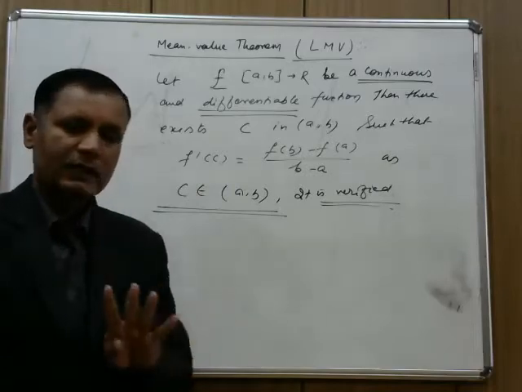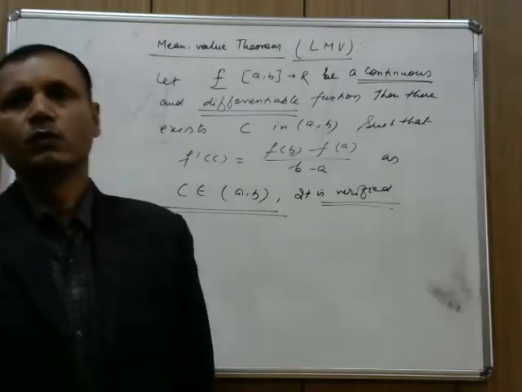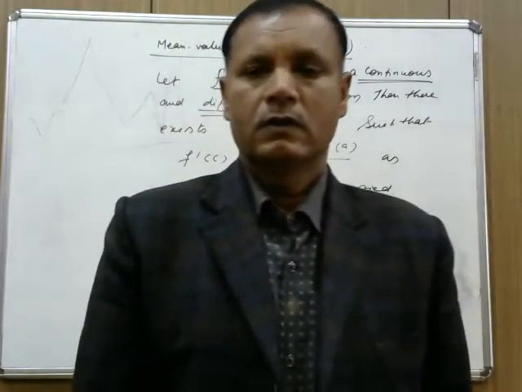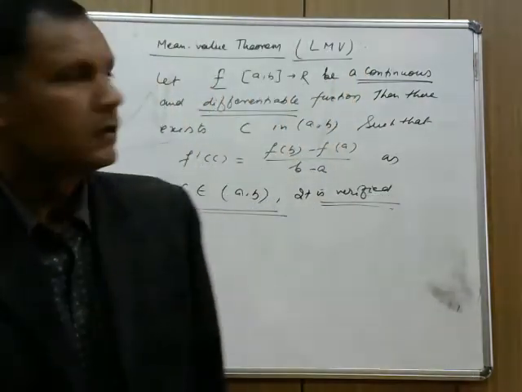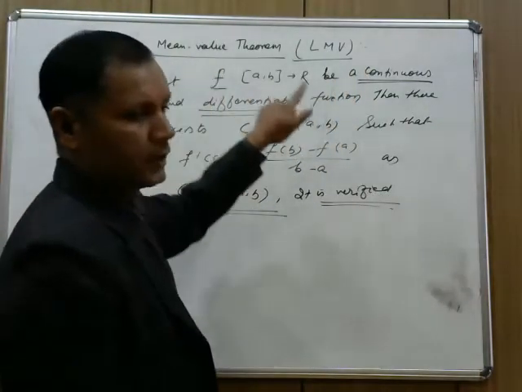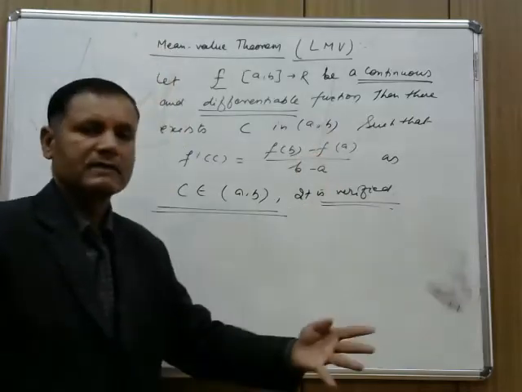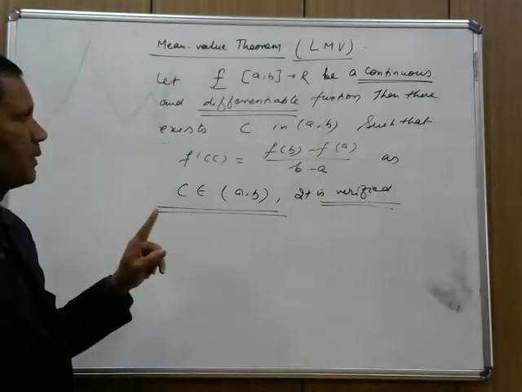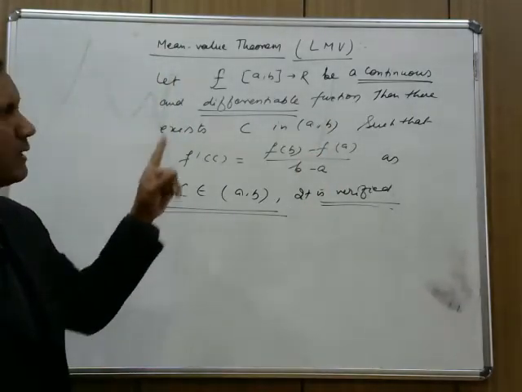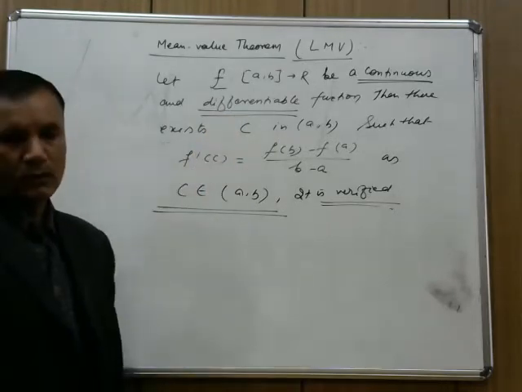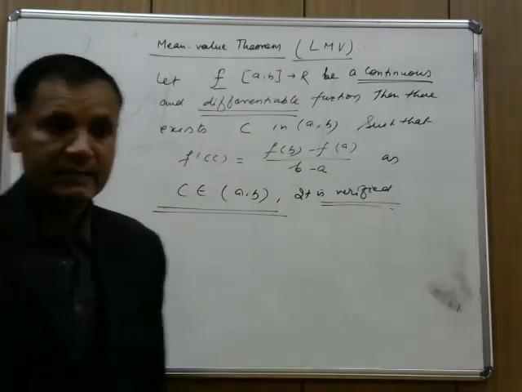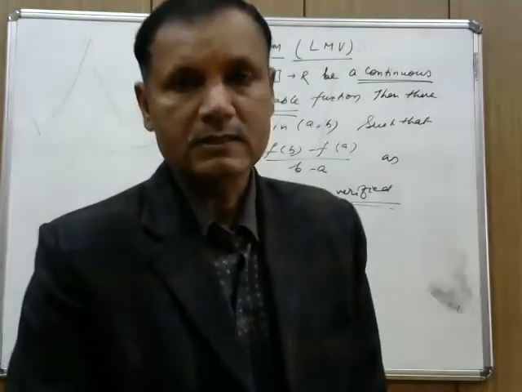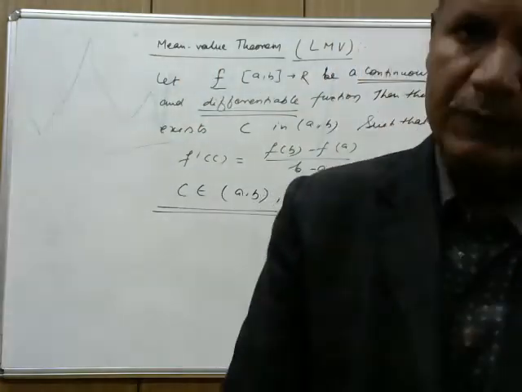That means again, for the working rule for LMV, or mean value theorem, we have 5 steps. In the first step, we have to check whether the given function is continuous in the closed interval. In the second step, you have to check the given function is differentiable in the open interval.